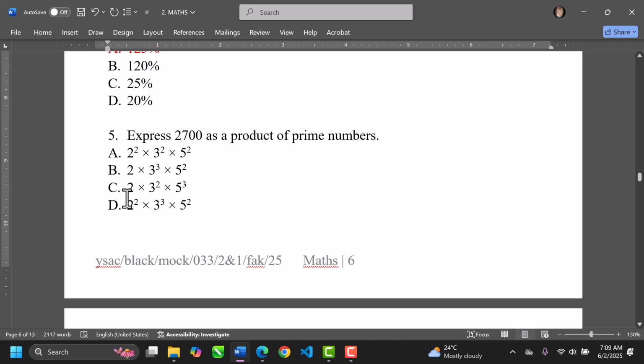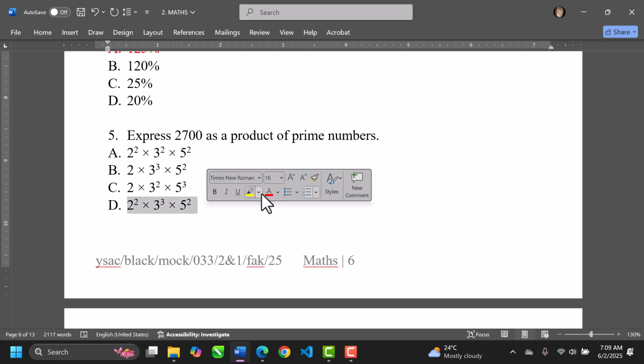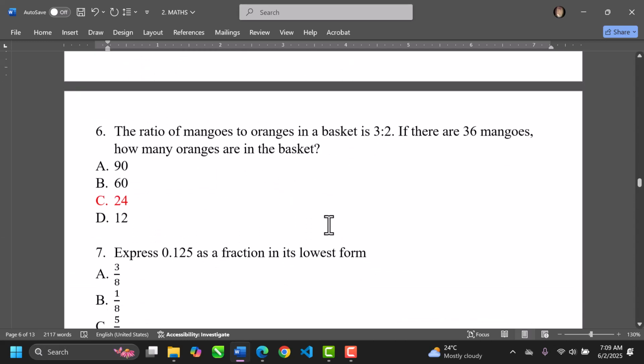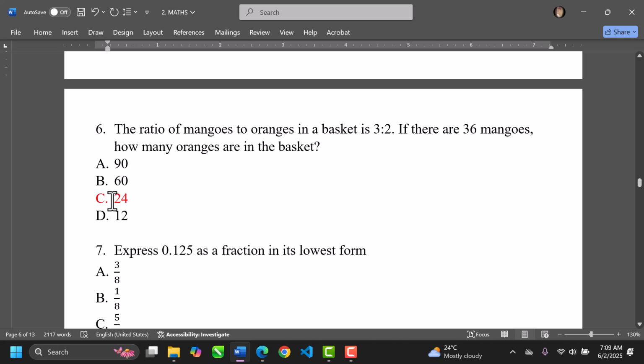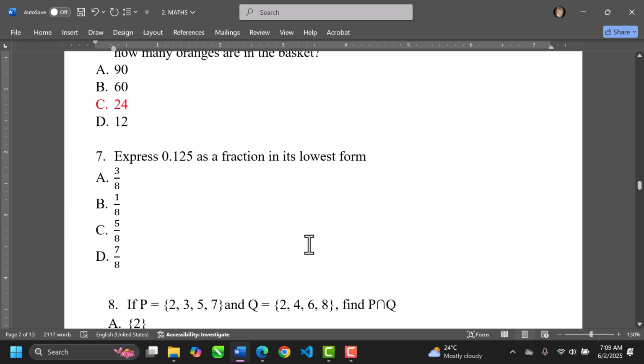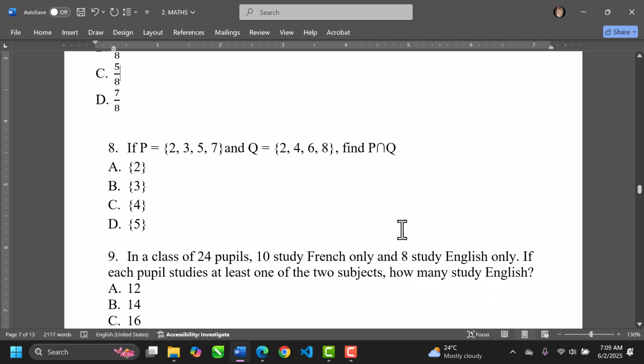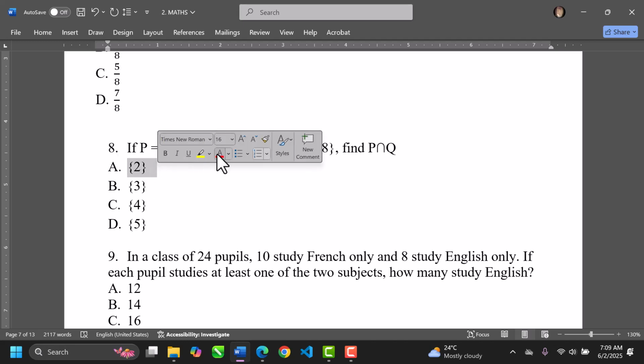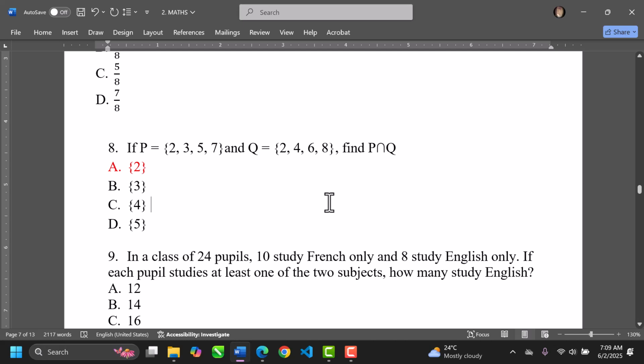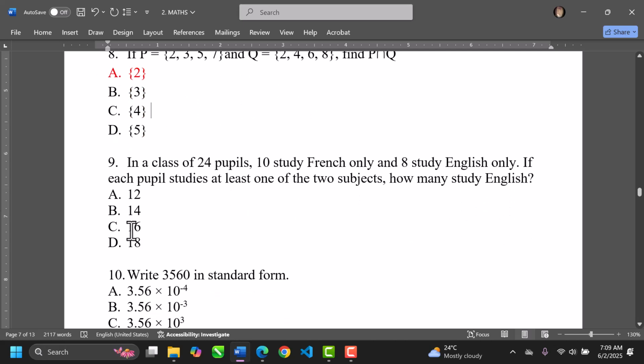The answer is D. Number six, the answer is 24. Number seven, the answer is B. Number eight, the answer is A. Number nine, the answer is B.